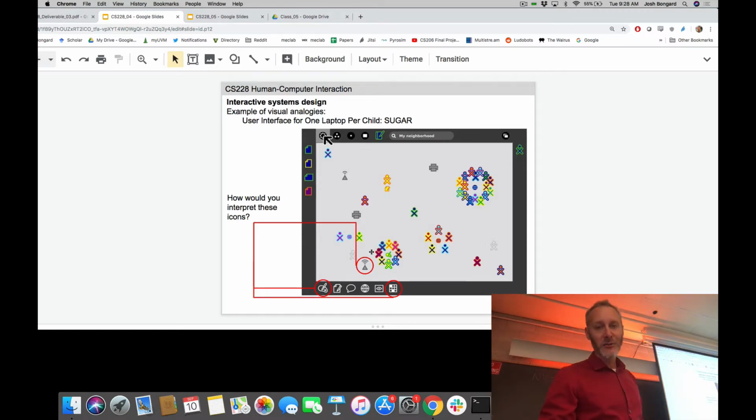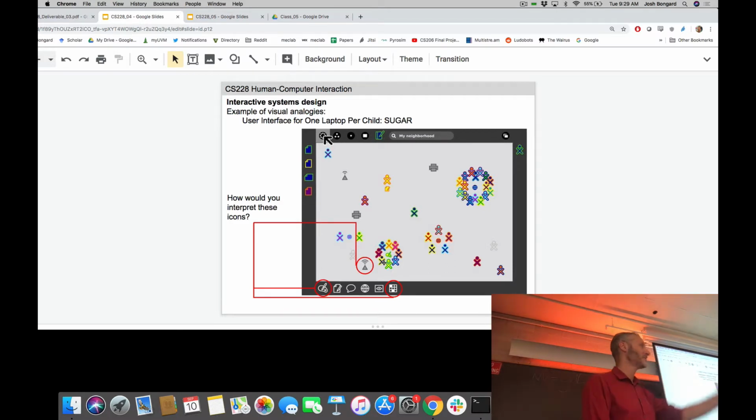The Sugar interface was designed to communicate to the users that they should move towards this thing. If you need Wi-Fi to power your device, instead of explaining what Wi-Fi is, just show a picture and show animations of people moving towards it. Imagine you receive one of these machines and it seems to be telling you to move along with your friends towards the active volcano. Super acceptable, right?